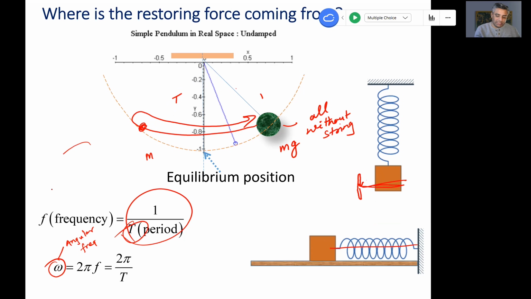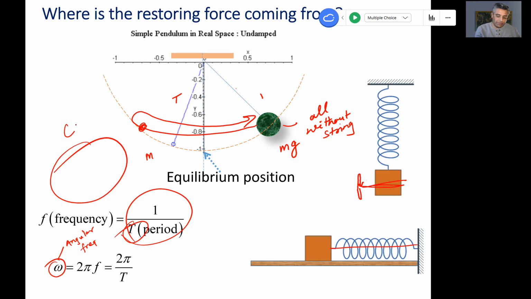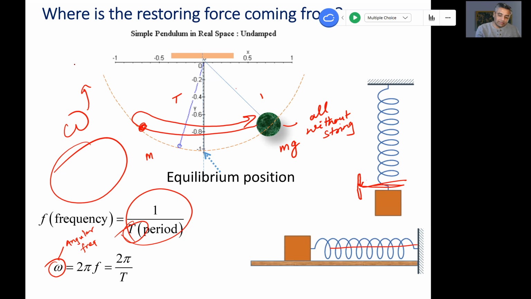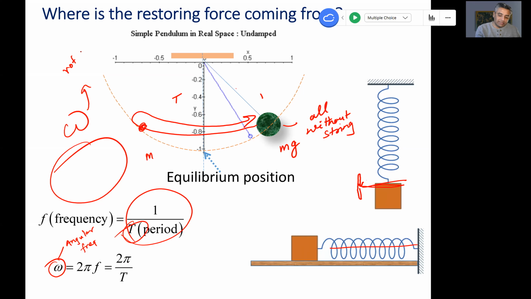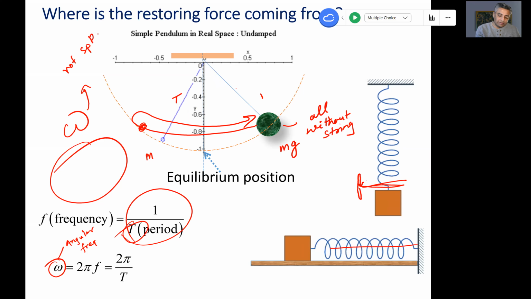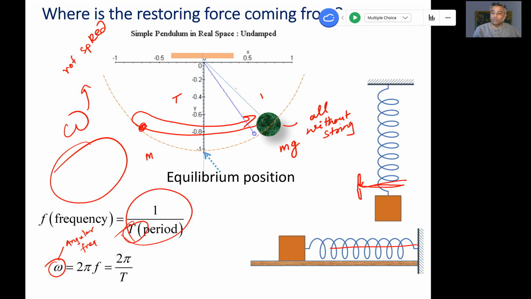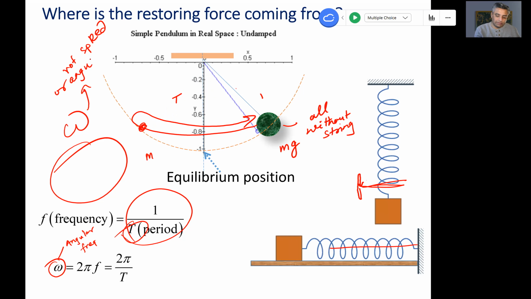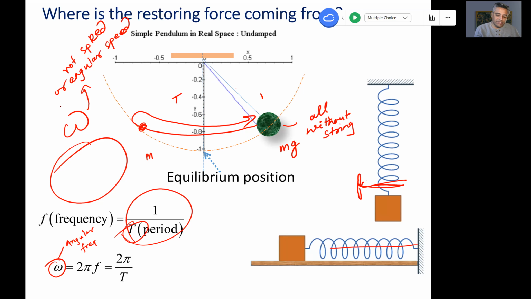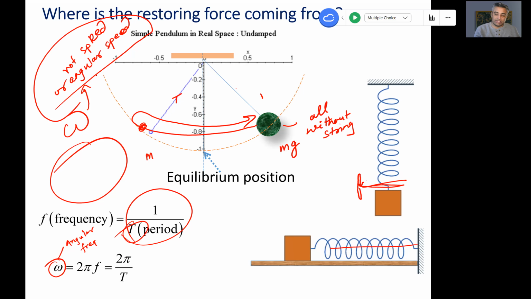So for rotational motion, we use omega, and we call that rotational speed or angular speed. So that's what we said for the rotational motion, okay?